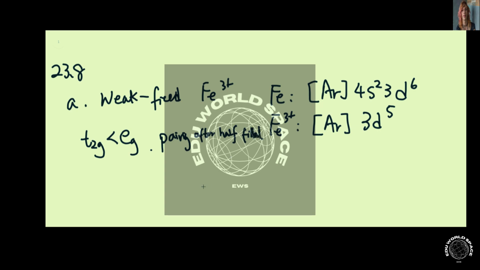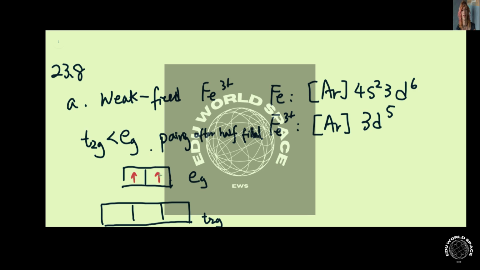So the crystal field splitting diagram that represents the weak field octahedral complex of iron 3+ will look like this. The higher energy is the Eg orbital, the lower one is the T2g, and we have the 5 electrons half-filled in each of the orbitals.